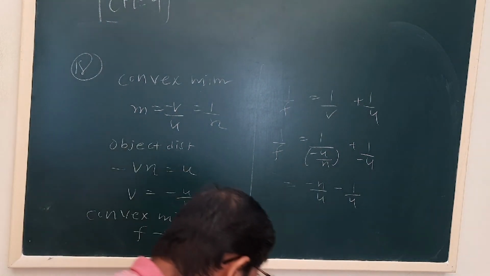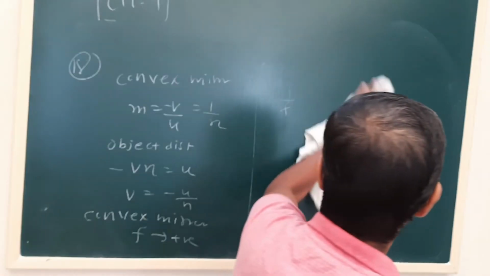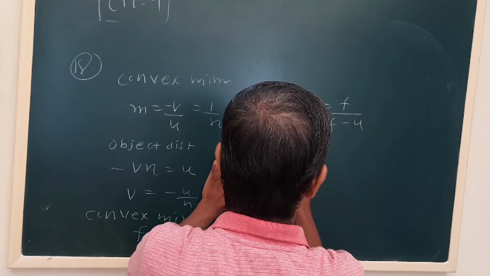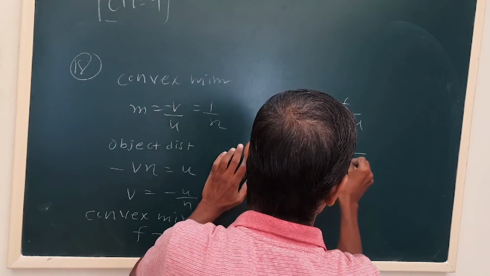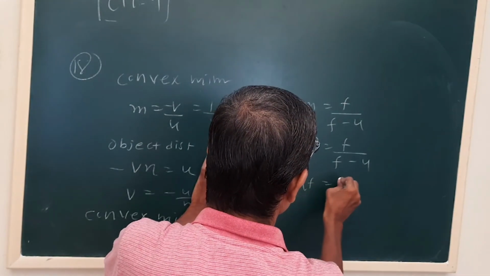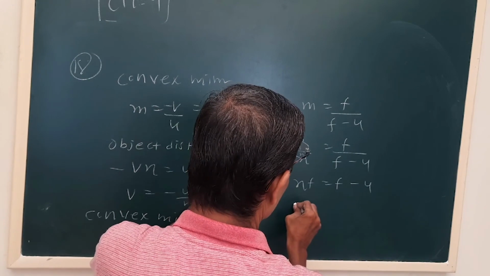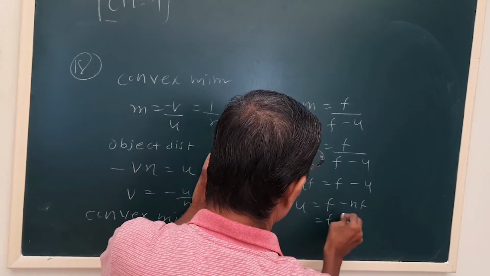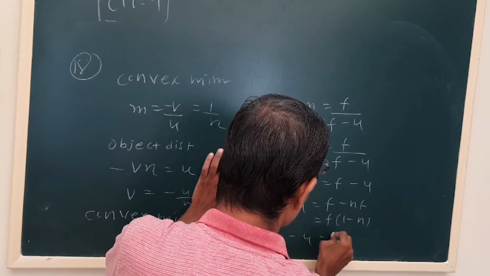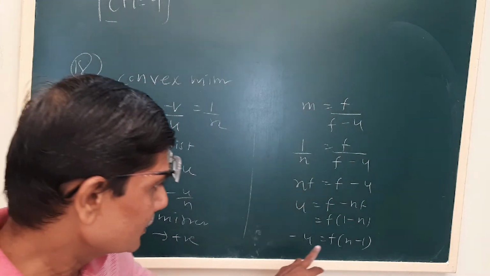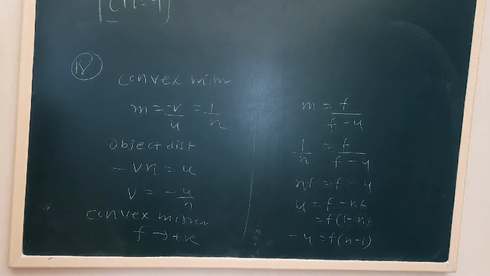We can solve. What is the formula? m is equal to this, which will easily help us to solve. So it will be nf. So u is equal to f into n minus f. f common. Object distance is always negative. So the object distance will come out to be f into (n minus 1). This is how we can solve.